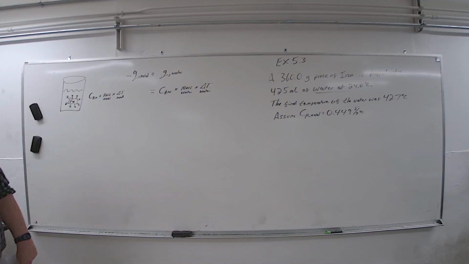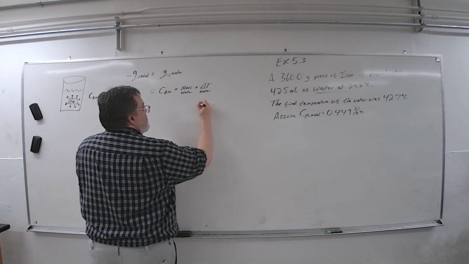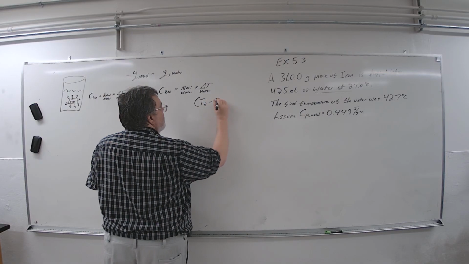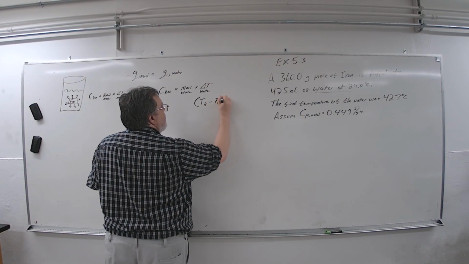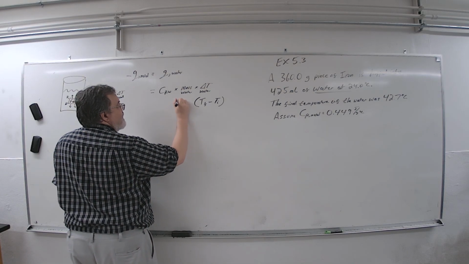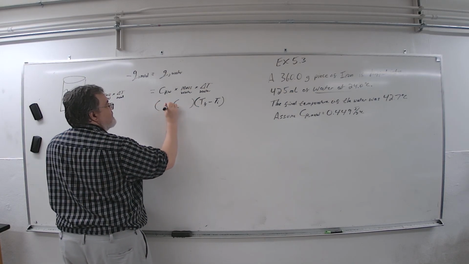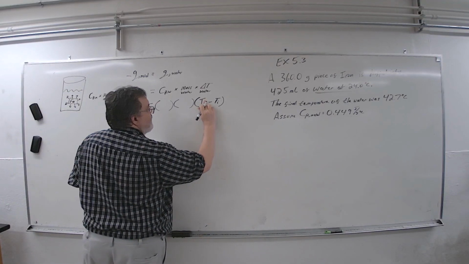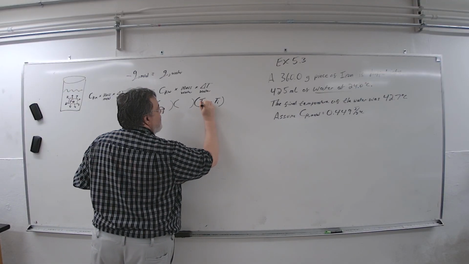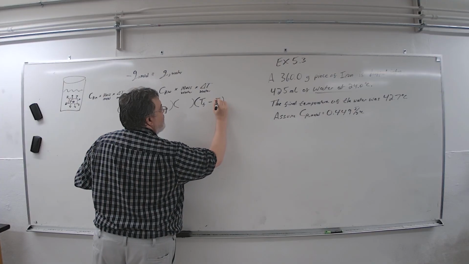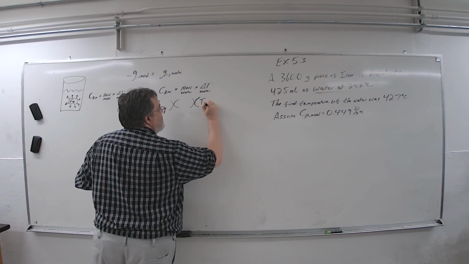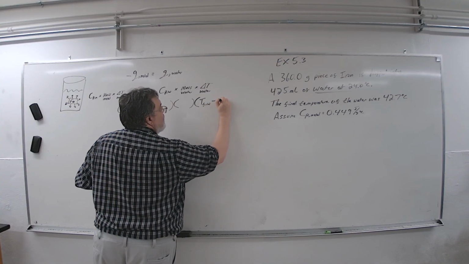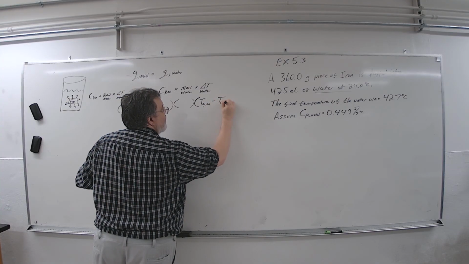Okay, here's what I know. Let's go ahead and do delta T is T final minus T initial in the equation times the mass of the water times the CP of the water. And then let's do T final for the water minus T initial for the water.